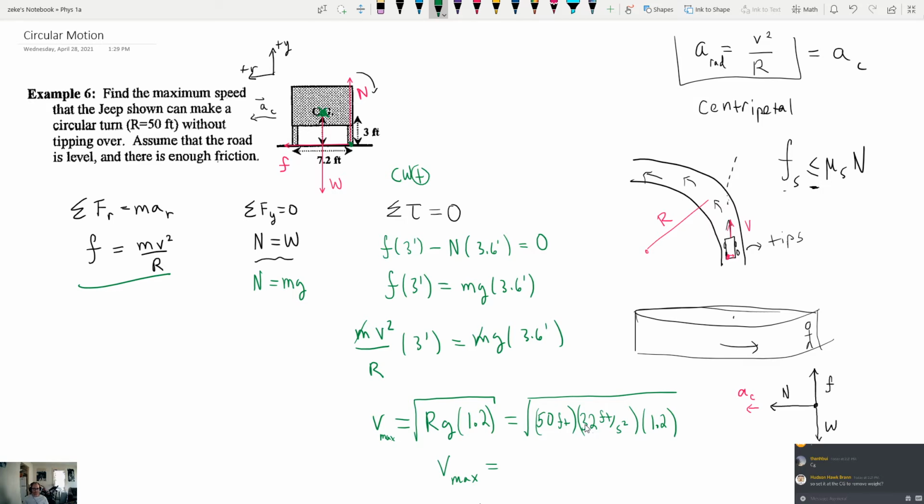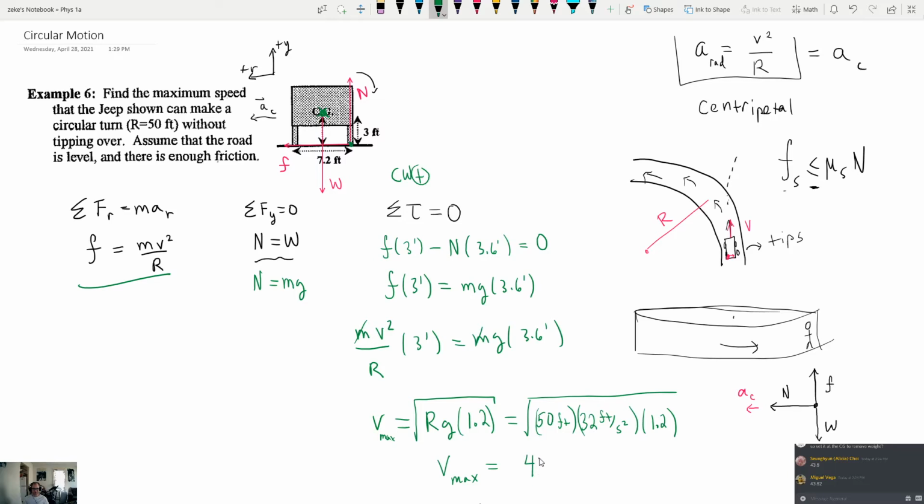You want to tell me what it's equal to? It's the square root of 1920. Okay.